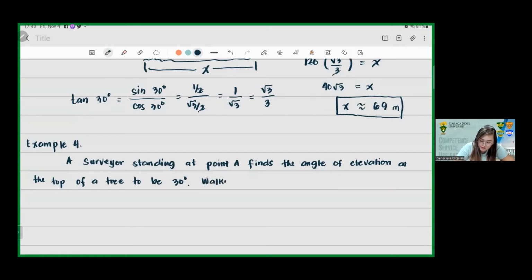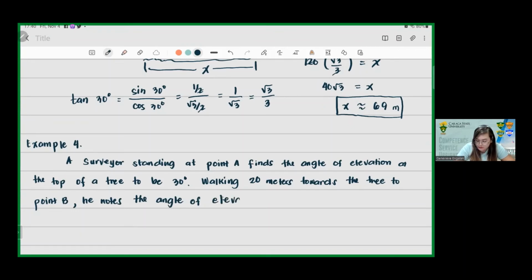Okay, walking 20 meters towards the tree to point B, he notes the angle of elevation at the top of the tree to be 60 degrees.